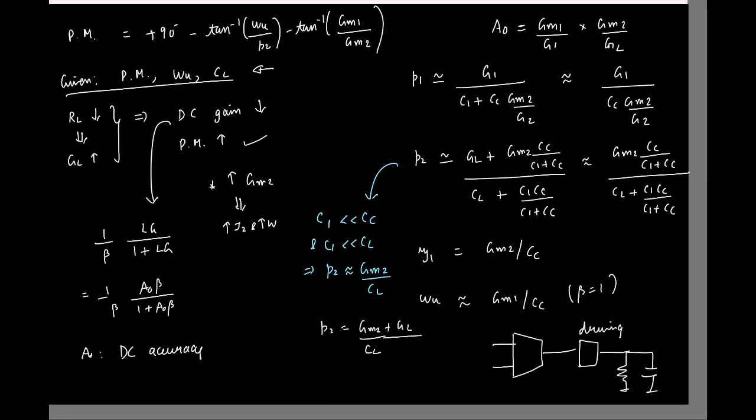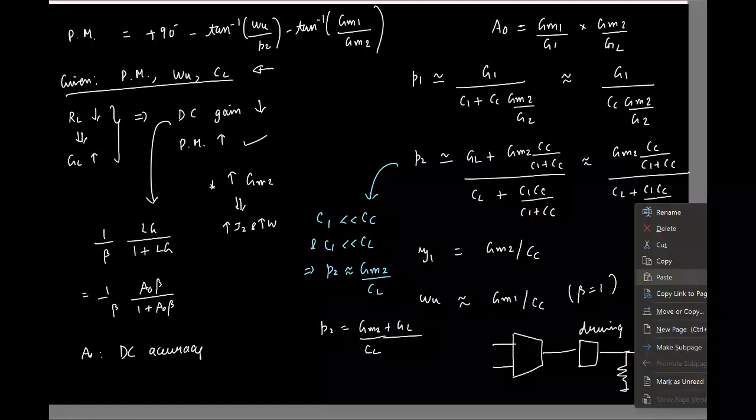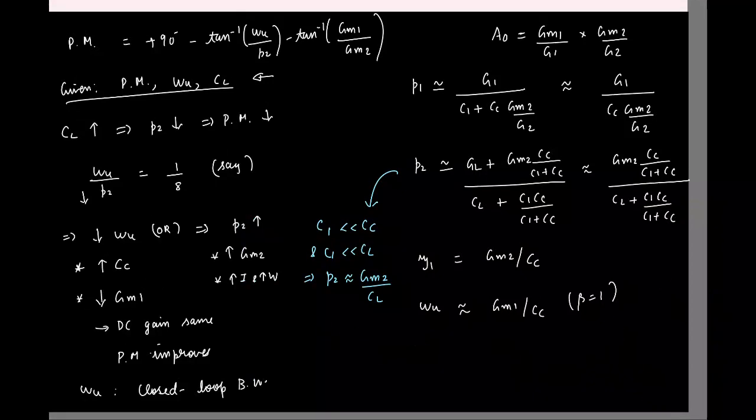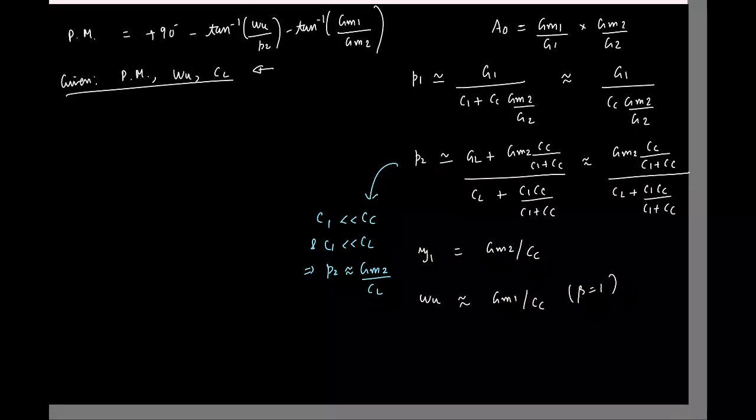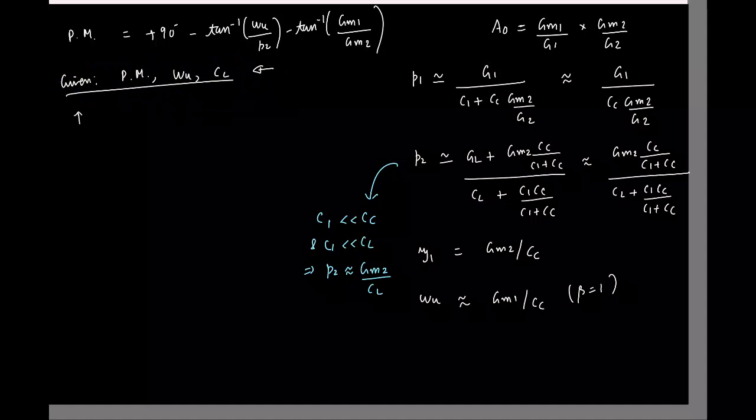Okay, so let's take one more case. Let's say now we have again designed for this specification, everything is working fine, and then suddenly you are asked to increase omega u.